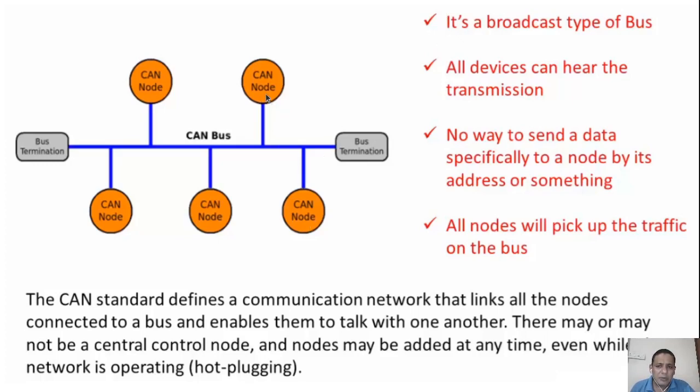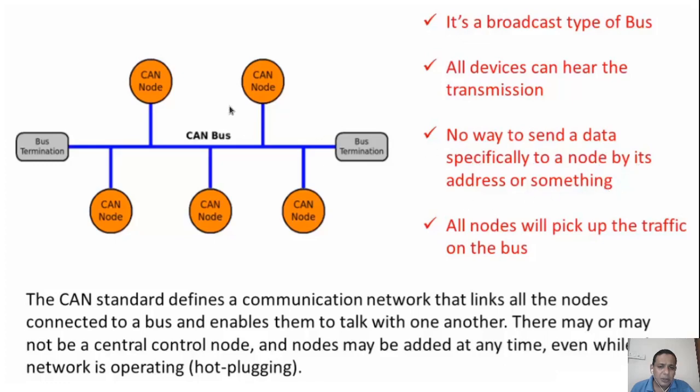It is transmitting from one node. If it is intended for a particular node, that node will receive it, but the other nodes can also receive. All devices can hear the transmission. There is no way to send data specifically to a node by its address.